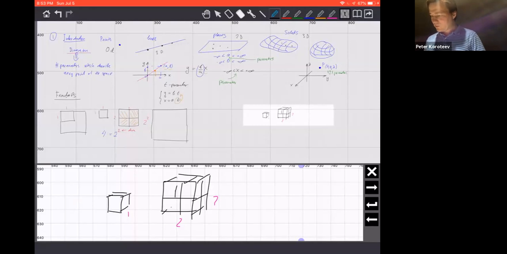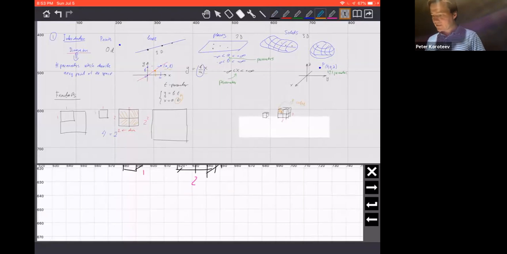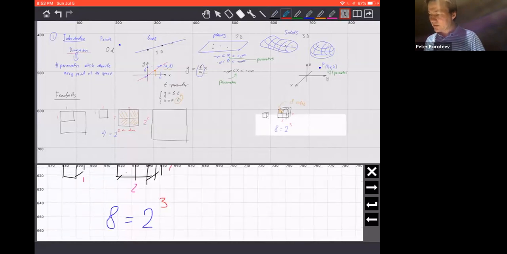There will be 8 cubes. So you're saying 2 to the power 3, because we already know that 8 is equal to 2 to the power 3. And here we say that 3 is the dimension.